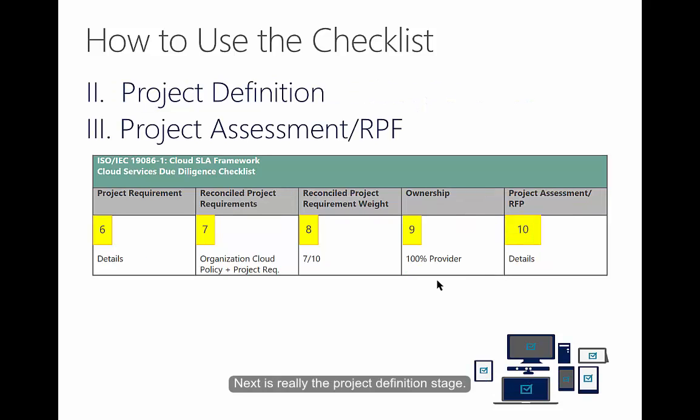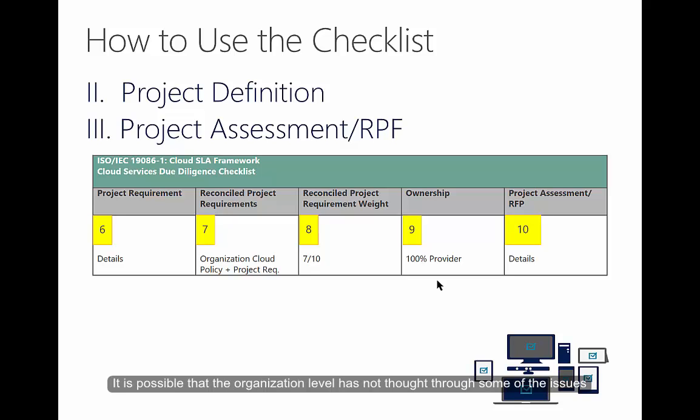Next is really the project definitions stage. Here in column 6, that's where you put in the specific requirements for the projects. This is also where you add some additional rows regarding cost and also feature requirements. And if you combine the requirement from 6 with the previous requirement, which is the organizational level requirement, this is when you're going to start looking into if there's any reconciliation you need to make.